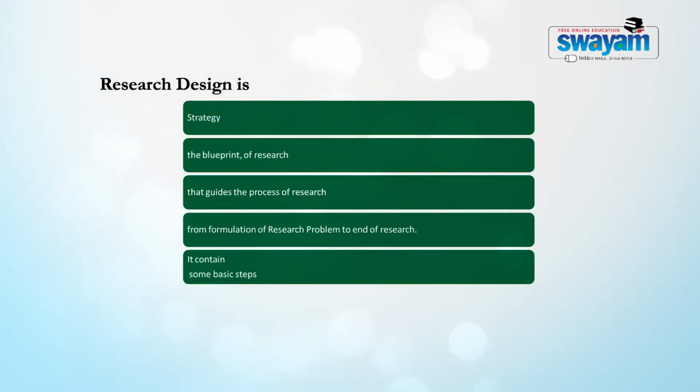But according to another view of the scientists, design means where the person applies his mind to the subject. In the formulation of the research problem, we find the involvement of the researcher in shaping it. That means for the formulation of the research problem, the researcher has applied his mind and formulated it in a certain shape. That is why it is also said that the formulation of the research problem is part of research design.